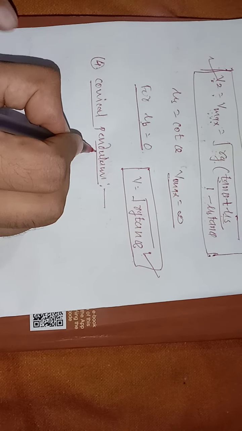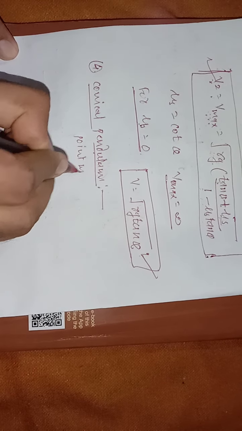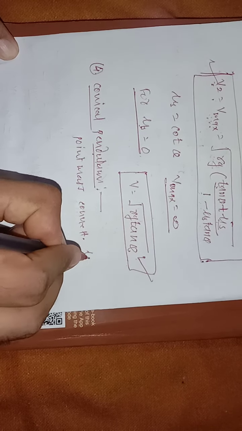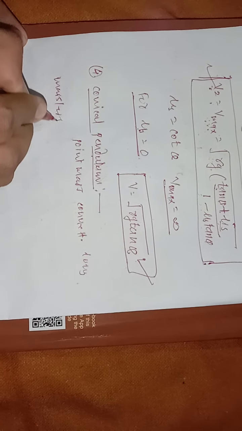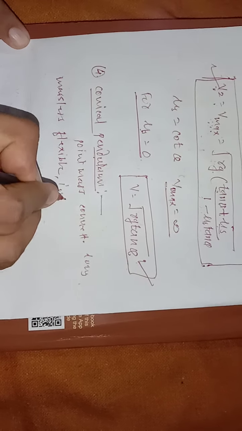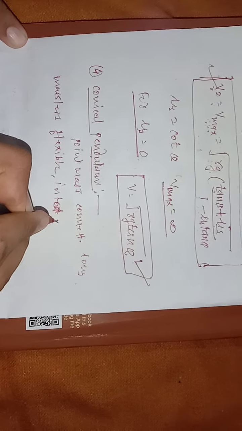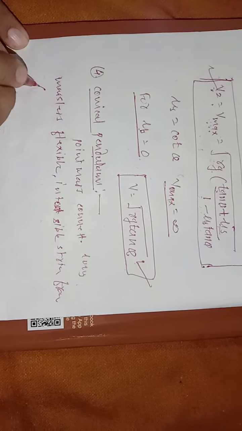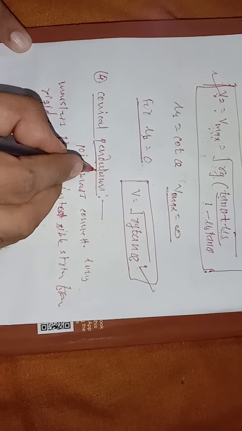Definition of pendulum: a small point object or point mass, that is connected to a long, massless, flexible, and inextensible string from a rigid support, is called a pendulum.